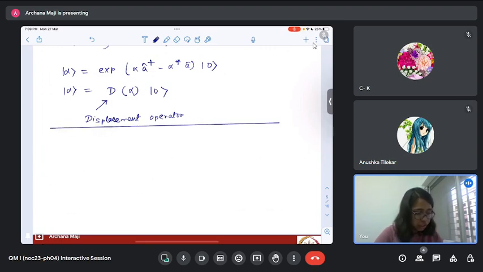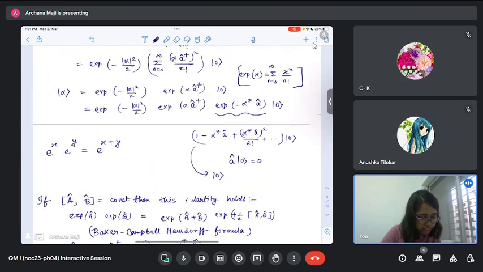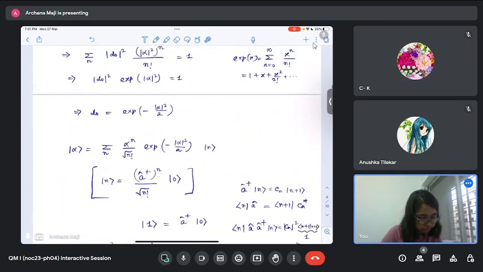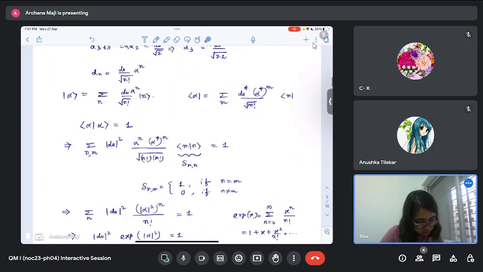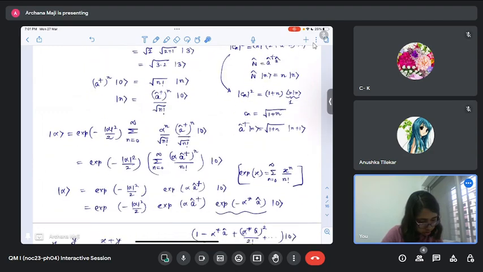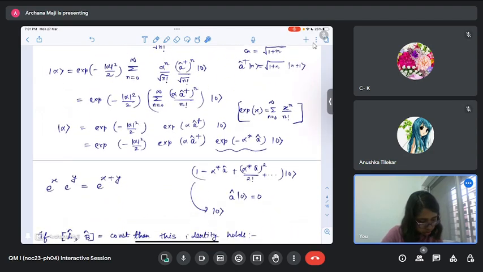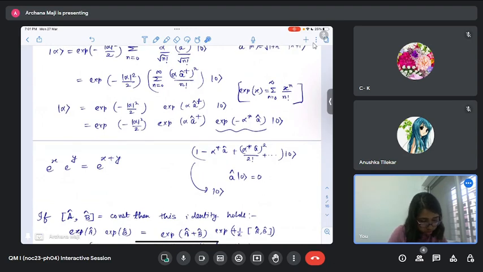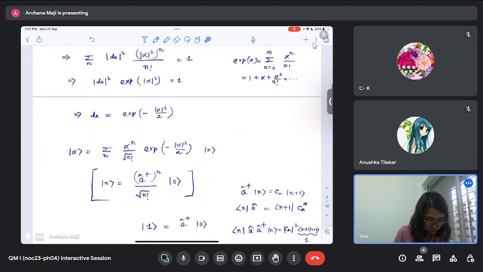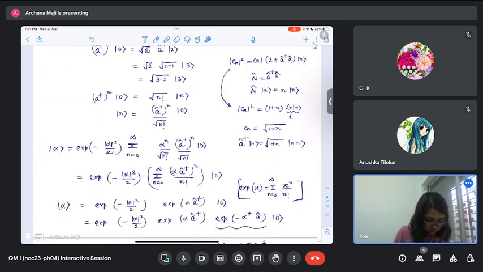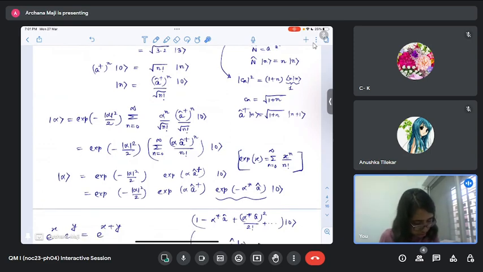What is the probability of finding n particles or n photons in the coherent state? So you can see that the coherent state is actually a linear superposition of, where is it? Yeah, here. Okay, so there are many equivalent definitions actually. We may need any one of these things.